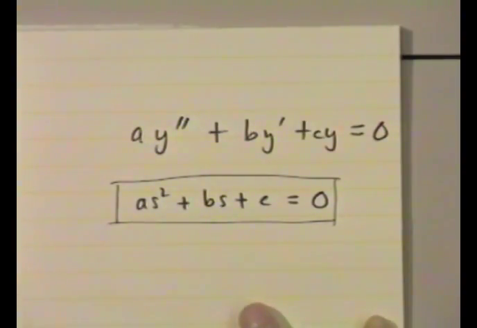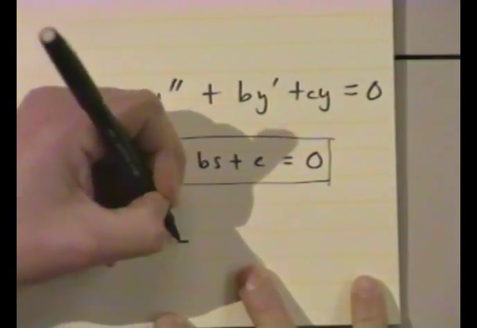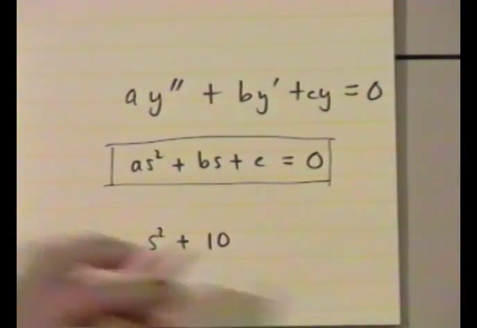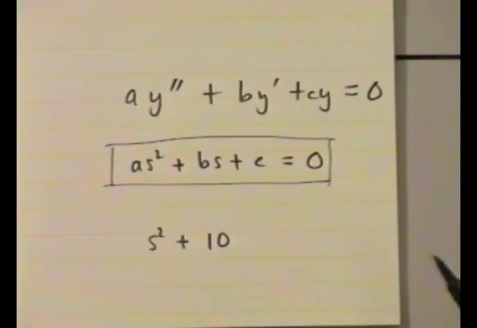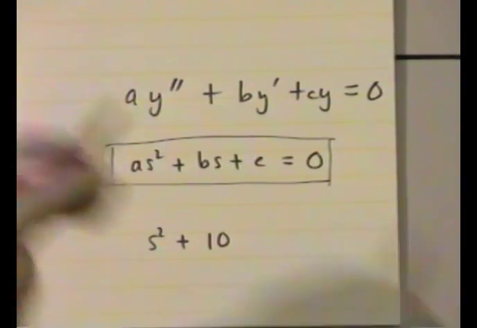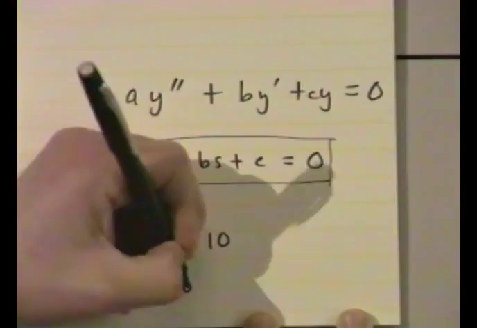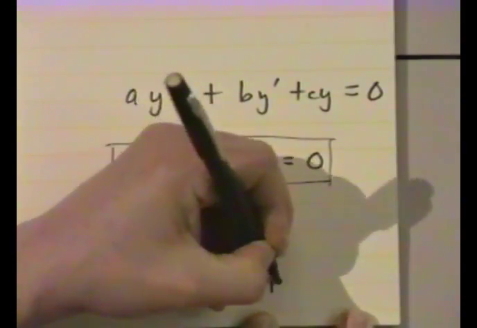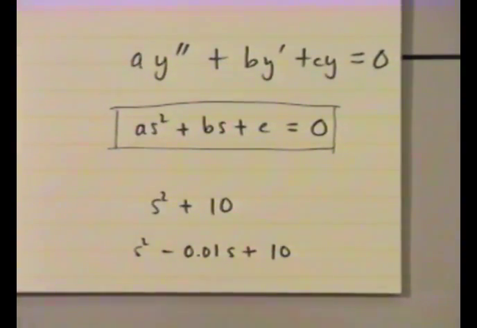So for example, if I write down s squared plus 10, what's that system? It's a harmonic oscillator, right? And if I write s squared minus 0.01 s plus 10, yes, anybody here can use the quadratic formula and get the answer.